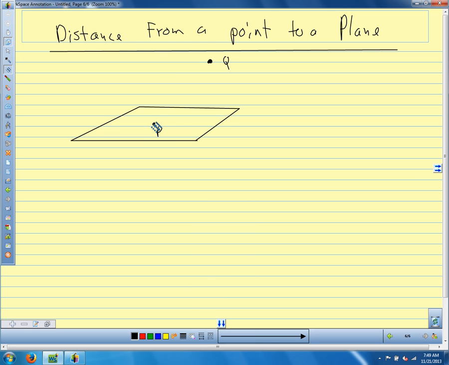With our plane, we're always interested in this normal vector. That gives us a lot of information about our plane. So there's n. And I'm going to now draw a vector from P to Q, and we're interested in this distance.